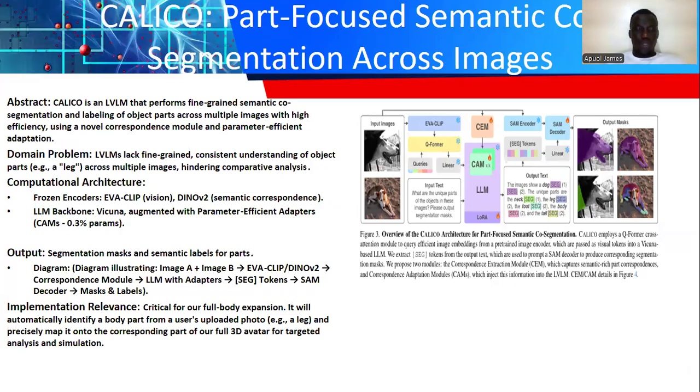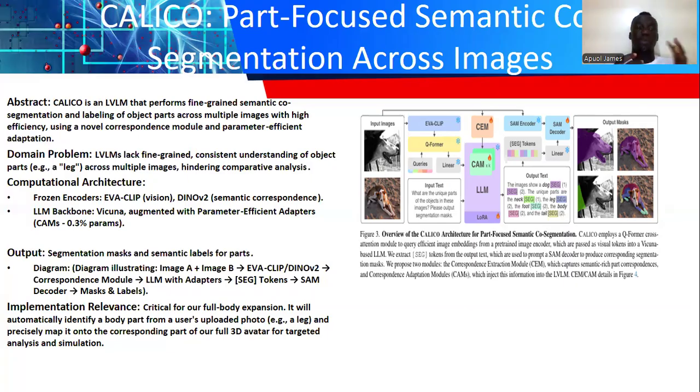Now when we come to Calico, Calico is dealing with the domain problem of LVLMs lacking fine-grained, consistent understanding of object parts, for example the legs. This tells us that when we view these images in 3D or in large vision transformers, the model should be able to identify parts.